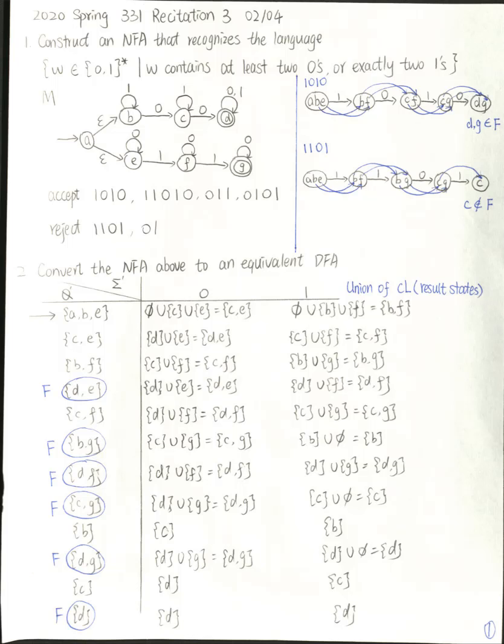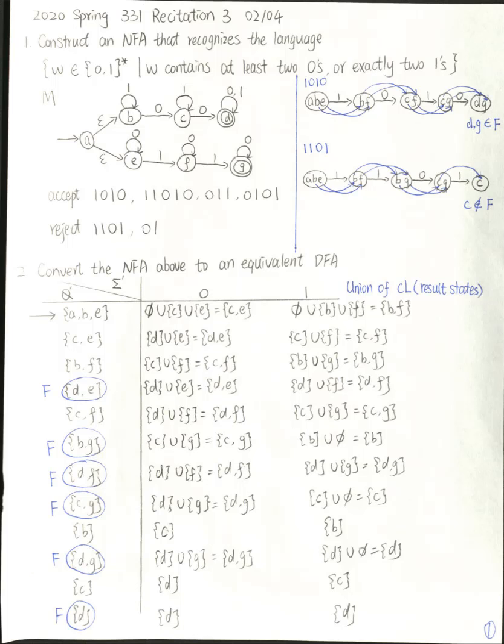So we start from the start state, which is the states that can be reached from the start state of the NFA by just following 0 or more epsilon transitions. So in this case, the start state of this DFA is going to be A, B, E. Now we need to read a symbol.